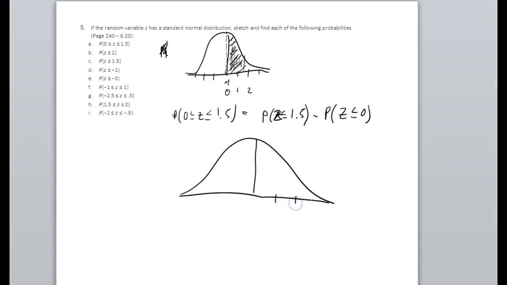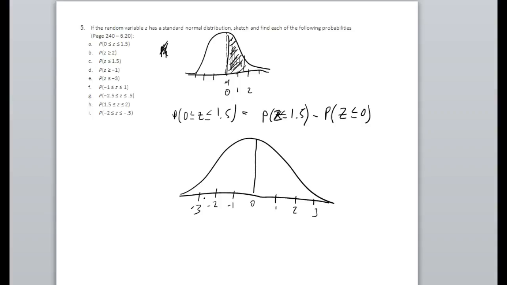So 1, 2, 3, -1, -2, -3, 0. The idea is that when we use the tables in the back of the book, we're going to look up z values, and they're going to give us probabilities that are cumulative. So probabilities from left to right.